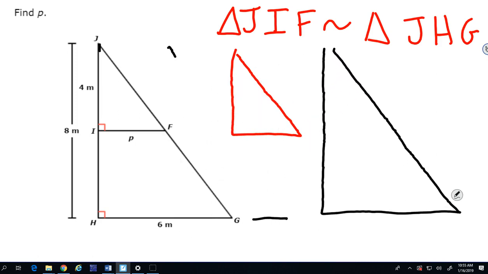So you've got two triangles. So this smaller one here is JIF, right? You see that? It's this one right here. It's what I took right here. And then the larger one is going to be JHG.